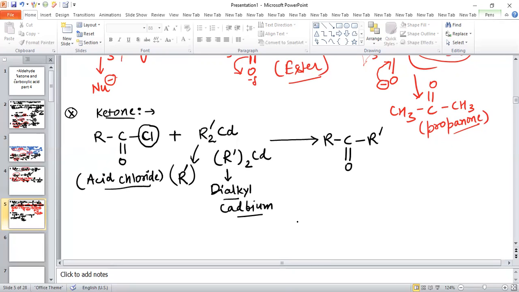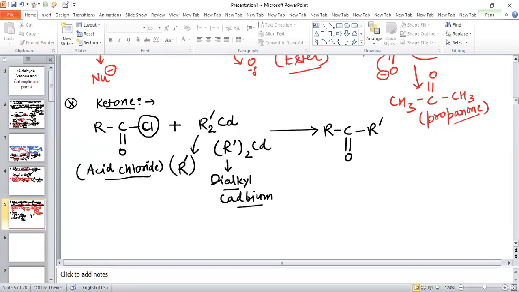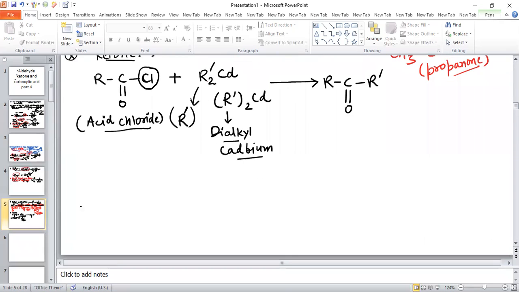Now see the question related to this reaction. The question given is like this: CH3C double bond O and Cl reacting in the presence of C2H5, one R dash group, and cadmium.